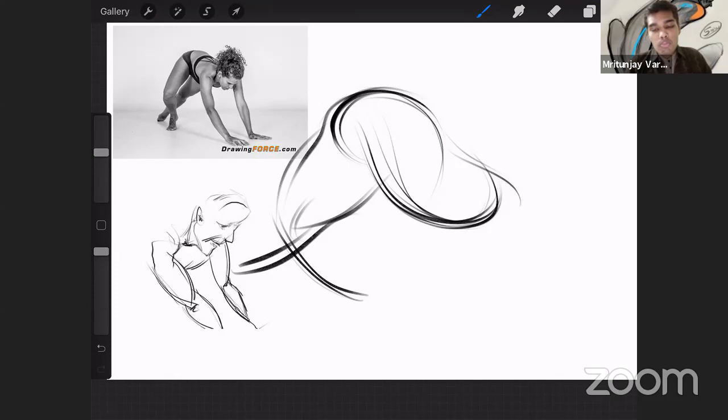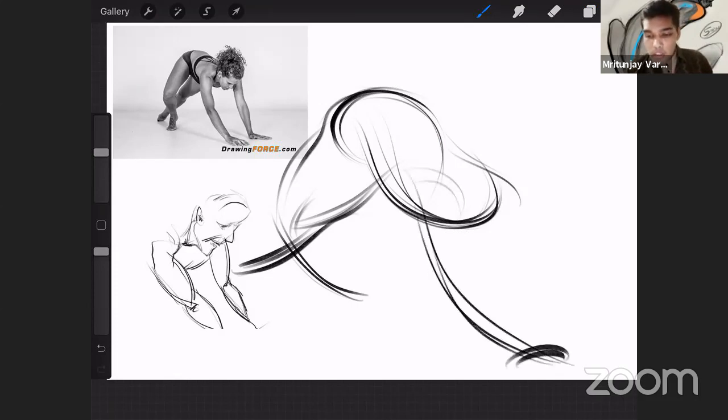So let me just clear it out using really, really quick lines there. Then I can pile up everything, like anatomy and details, even rendering on top of it when I want to. First I want to just get the figure done.